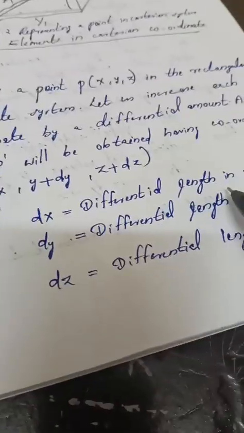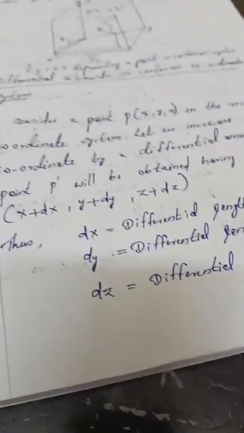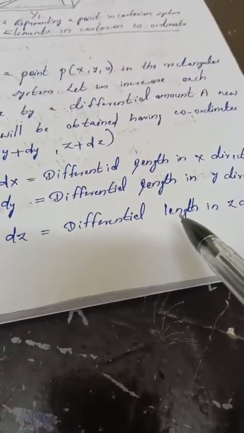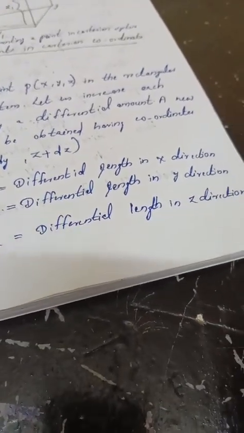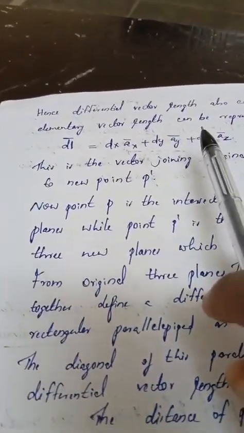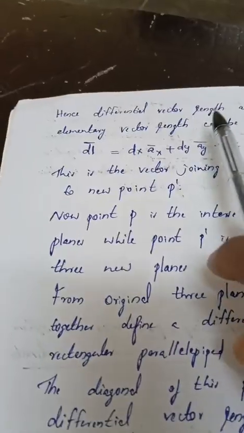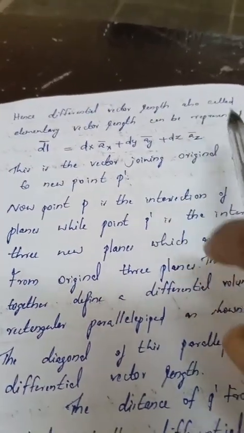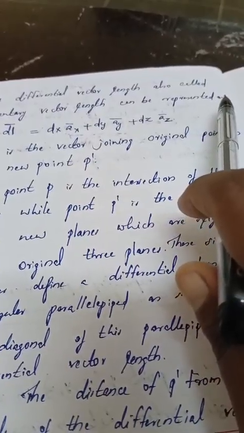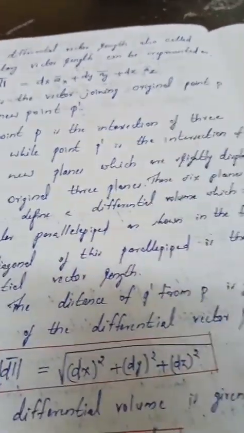dx equals differential length in x direction, dy equals differential length in y direction, and dz equals differential length in z direction. Then the differential vector length dl is given by dx into ax vector plus dy into ay vector plus dz into az vector.